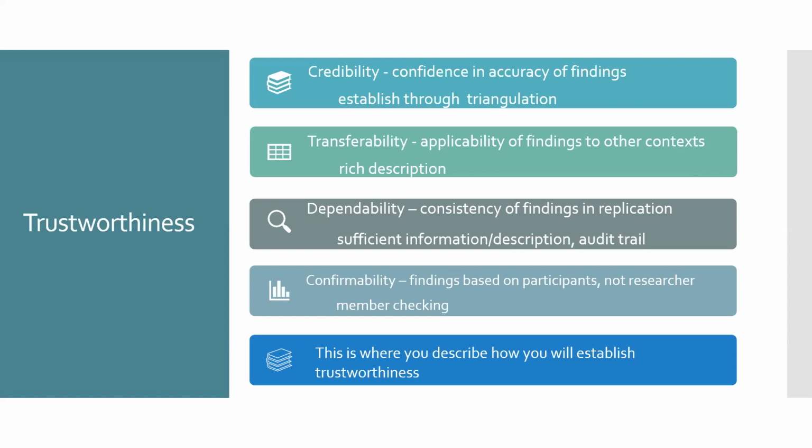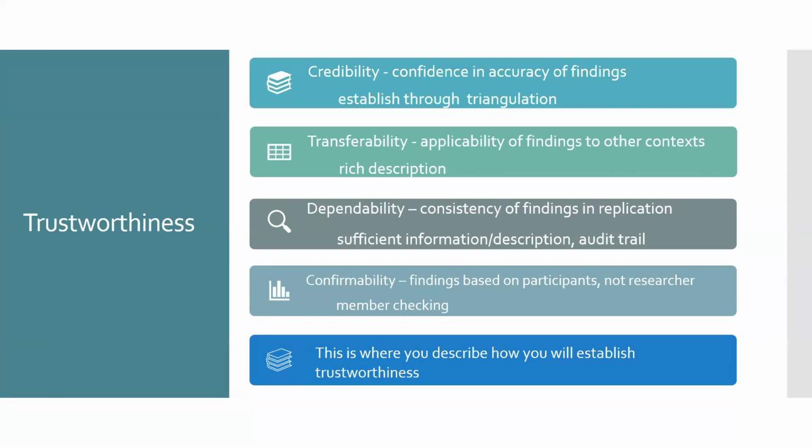The more times you check in with your participants to see if what you are finding aligns with their understanding and their experience, the more likely it is that you have based your findings on your participants, and that leads to confirmability.